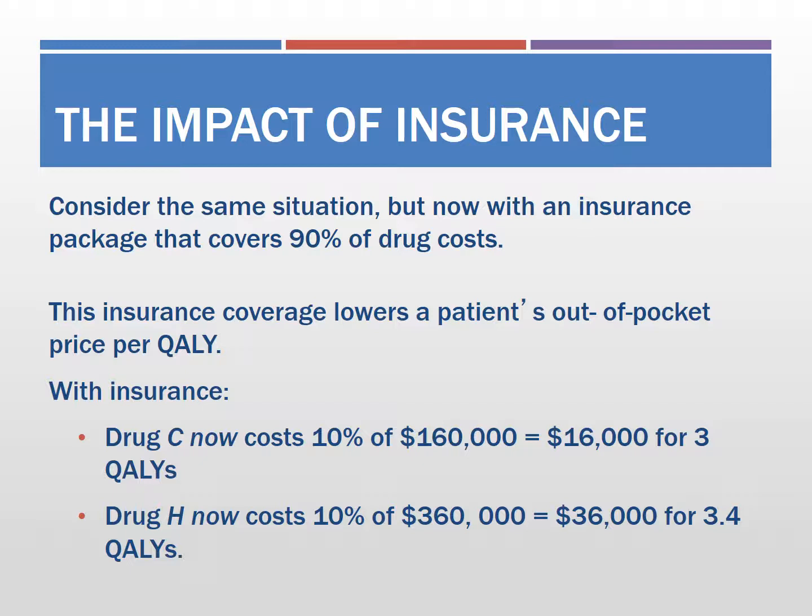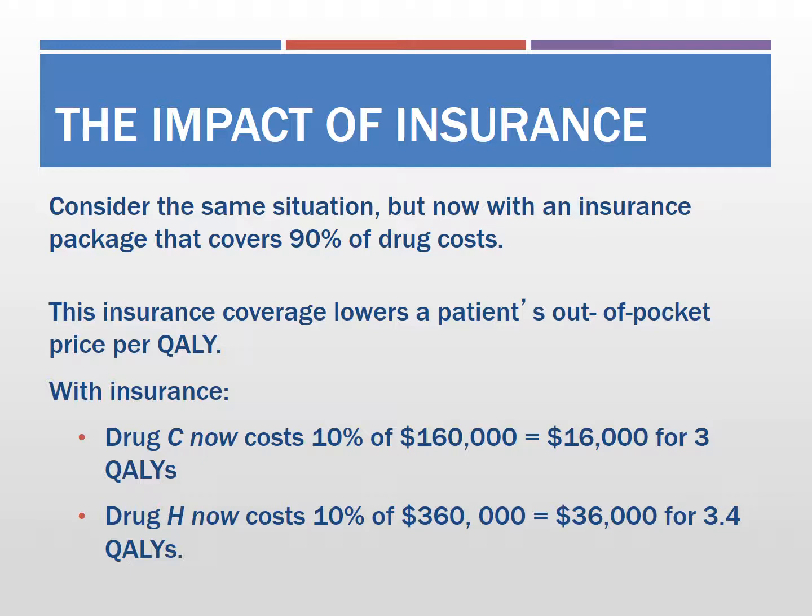So consider the same situation. How does insurance affect the person's decision on which treatment to use? Let's suppose there is an insurance package that covers 90% of the drug cost or treatment cost.